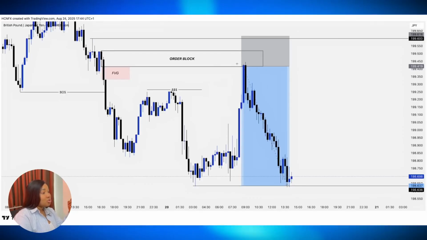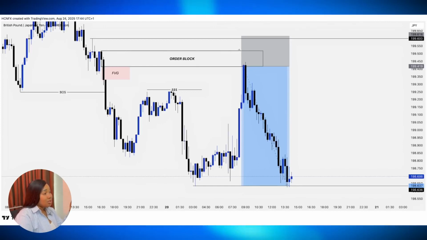Now when trying to put your stop loss and your take profit inside the accumulation, look out for the last week rejection. You put your stop loss a little bit above the last week rejection if you're trying to sell, or below the last week rejection if you're trying to buy.